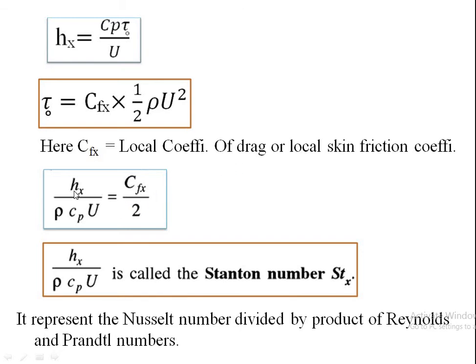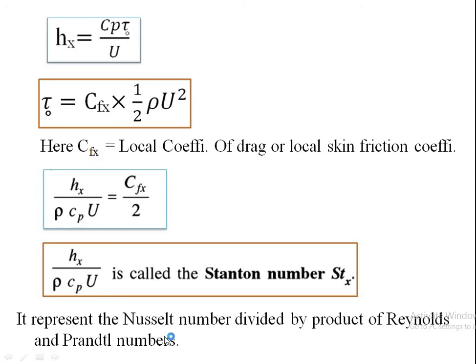Now here h suffix x divided by rho cp multiplied by u is called the Stanton number, or we can say the local Stanton number, because we are dealing with the local heat transfer coefficient. So this Stanton number becomes a local Stanton number, and it is denoted by St suffix x. This local Stanton number has a relation with the Nusselt number, Reynolds number, and the Prandtl number.